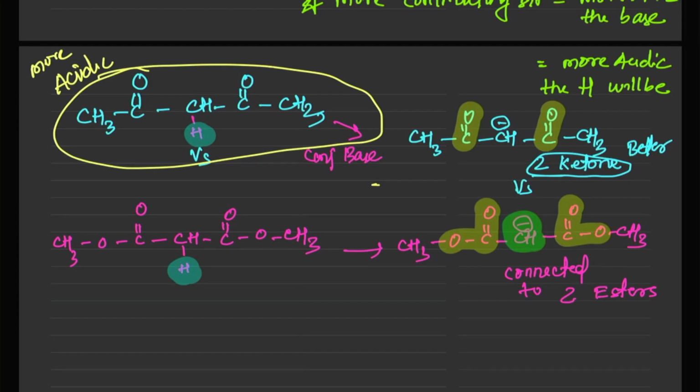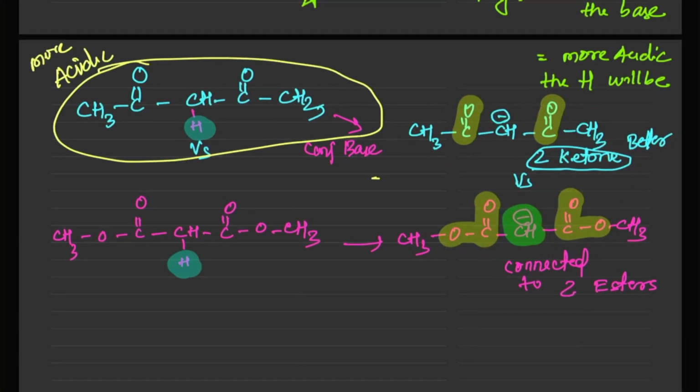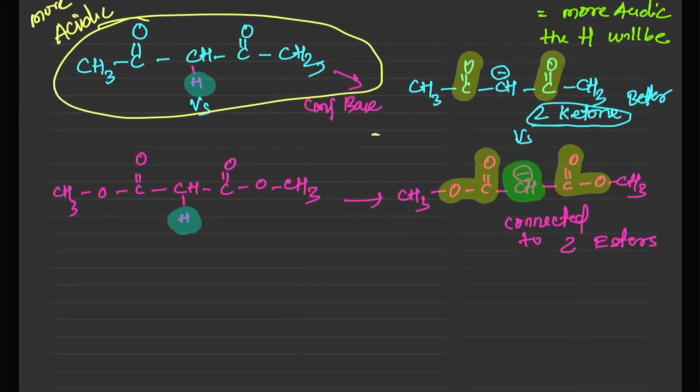So you can always correlate depending upon how many ketones. If you have two ketones or two aldehydes, that's better in comparison to two esters. Make sure you compare apples to apples, right?